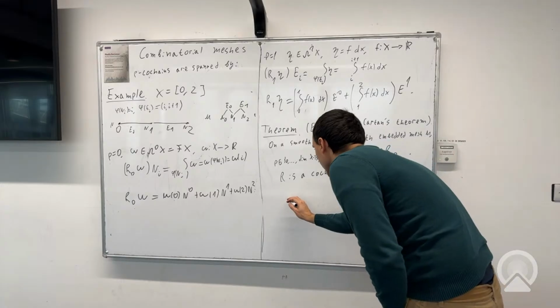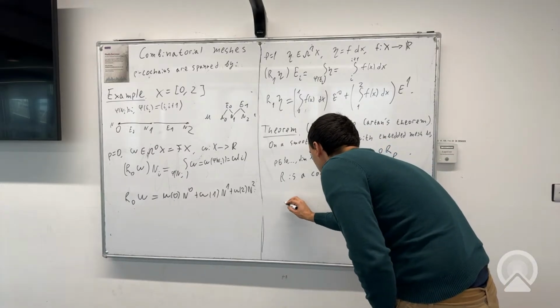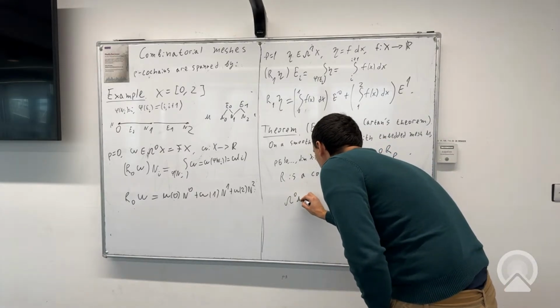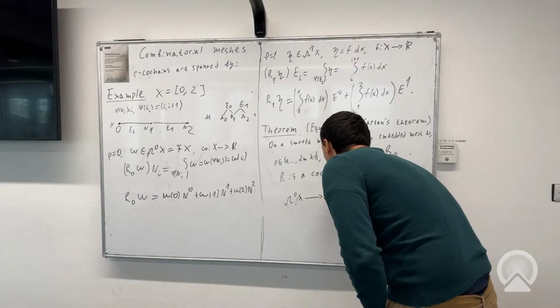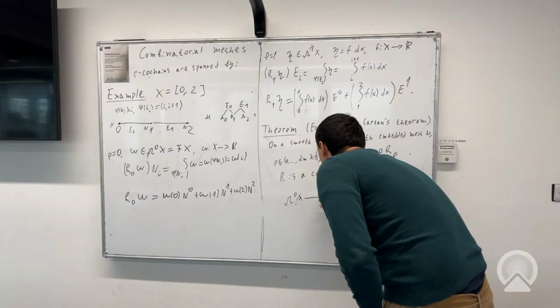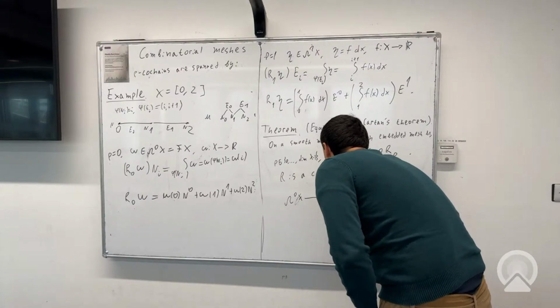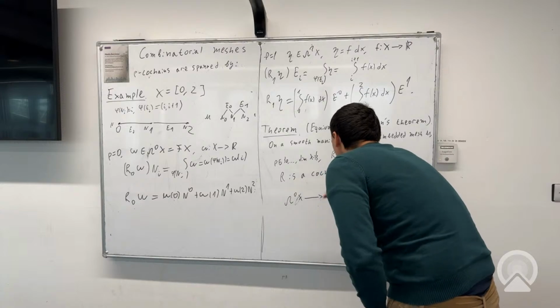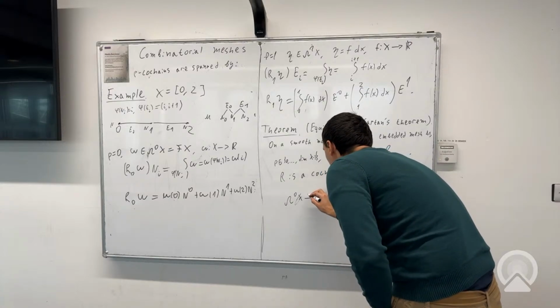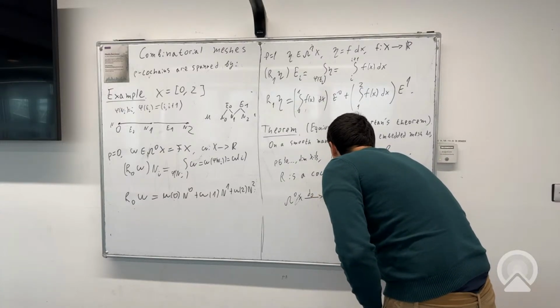So we have the following diagram. We have omega 0 to omega d. So this is the dimension. And we have d0 to d minus 1.